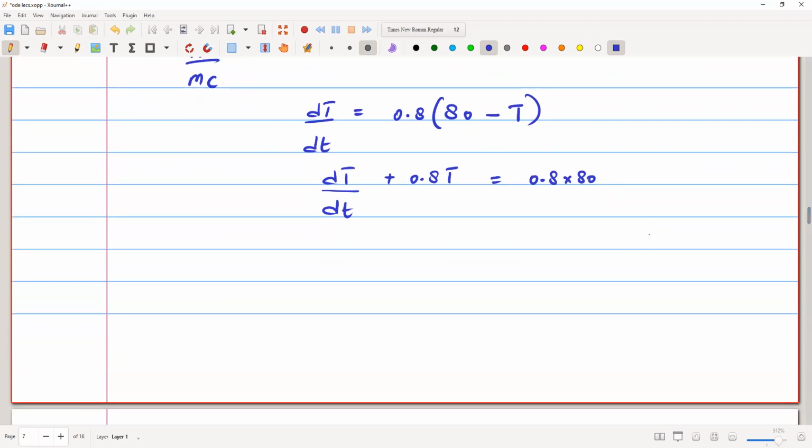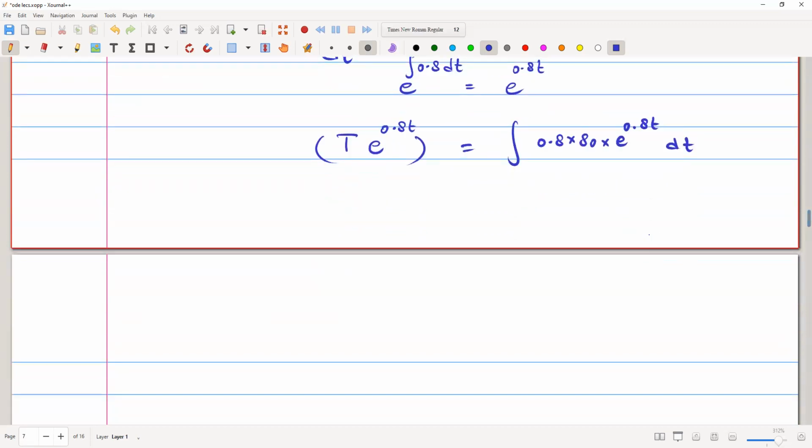Okay, now this is a linear differential equation, so we can find the integrating factor by using this formula. The integrating factor is e to the power 0.8t. We are very much familiar with this stuff now. So it will be T e to the power 0.8t equals the integral of 0.8 times 80 times e to the power 0.8t dt.